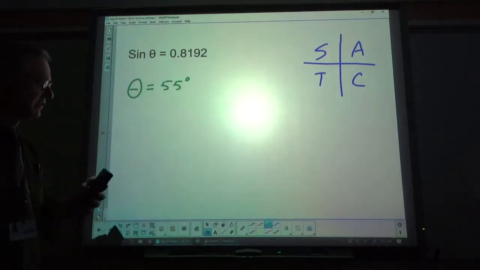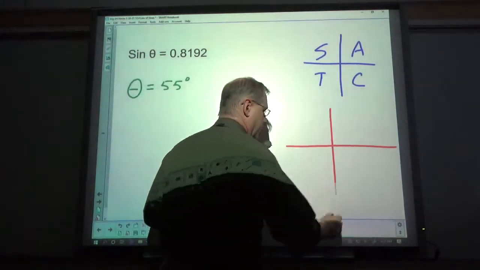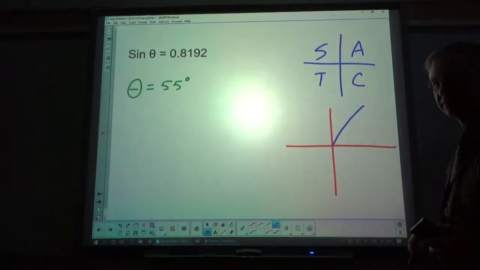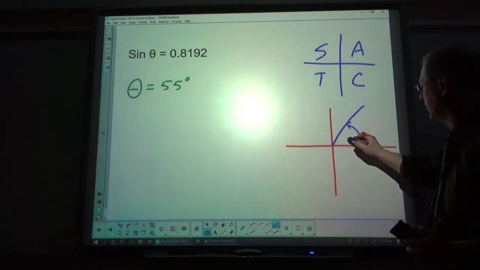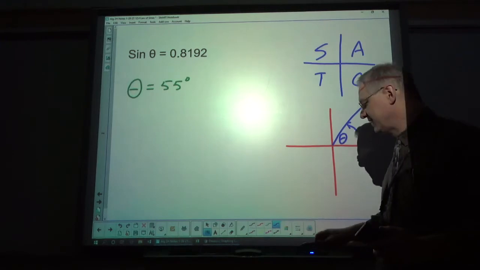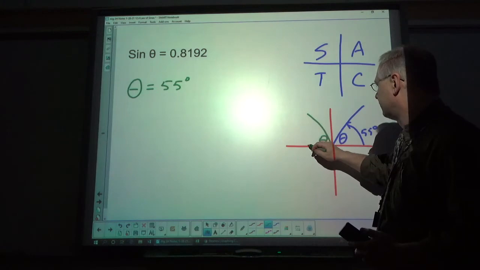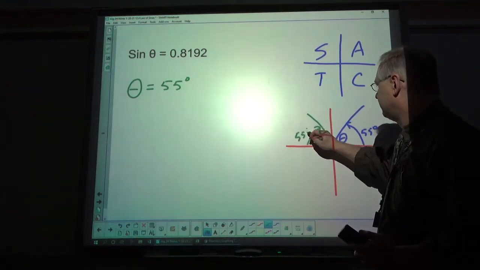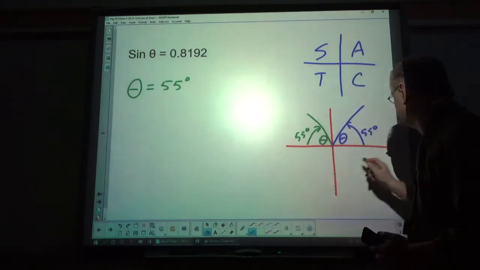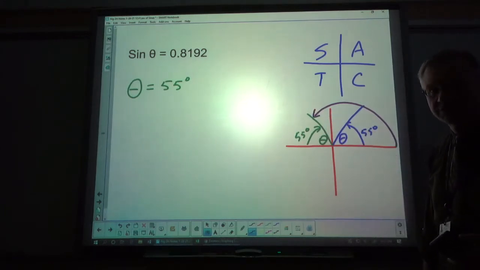55 degrees is somewhere around there. So that is one possibility for theta. But the other possibility is theta could be over here, 55 degrees from that, right? But how far is that starting at our normal starting point where we measure angles?